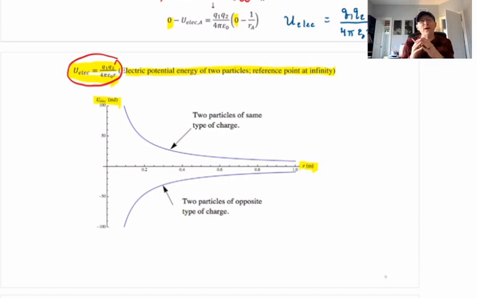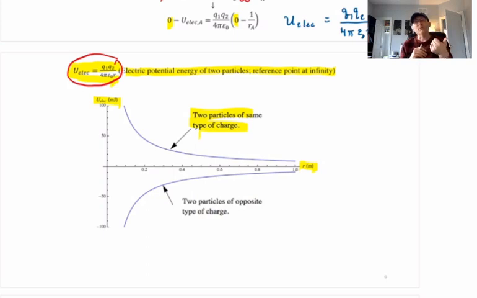If both charges are positive, or both charges are negative, then Q1 times Q2 is positive, and the U electric function is positive. So when I graph it, I get this hyperbola that's in the positive quadrant. Two particles of the same type of charge. Point being, as the R gets smaller, the U electric gets bigger, more and more positive. That basically means the two particles don't want to be close together.